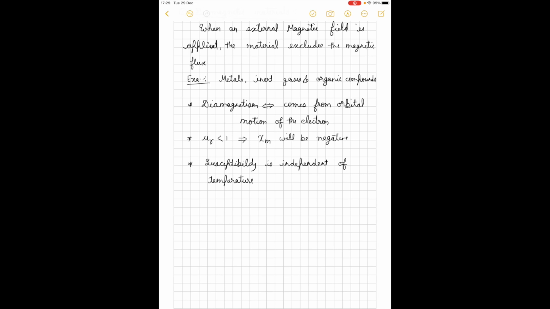So what happens? Below the critical temperature, let's say Tc, the resistance basically goes to 0, and the system has gone to a superconducting state.